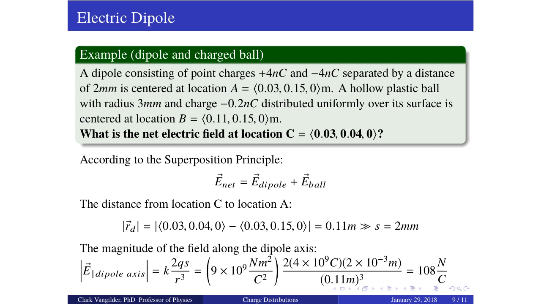All right, finally, an example. It's always good to have an example. A dipole and a charged ball. This dipole, and I think I have a pretty picture of this coming up on a slide, has two point charges in it, +4 and -4, separated by a distance of 2 millimeters.